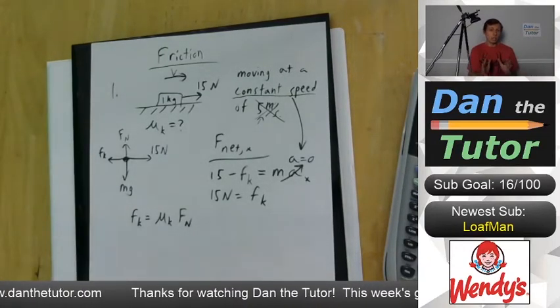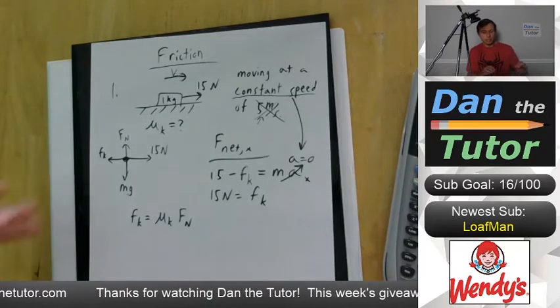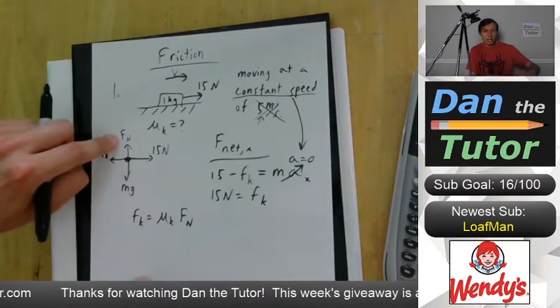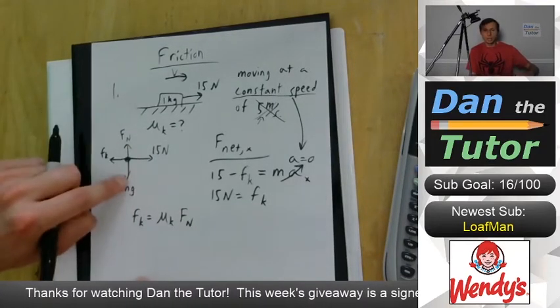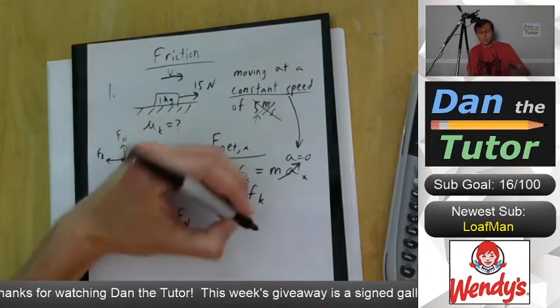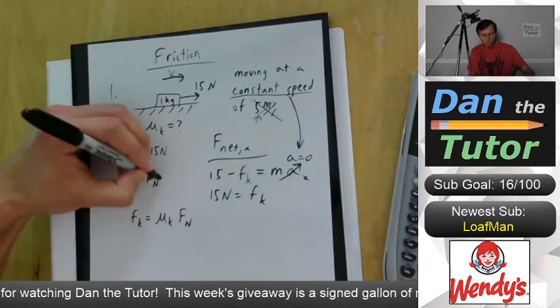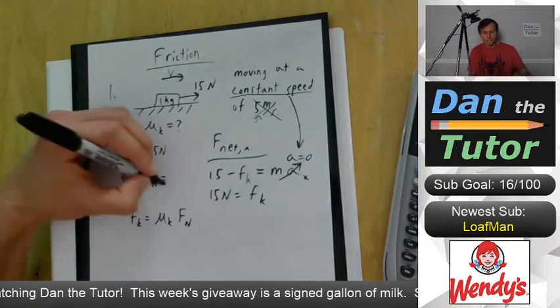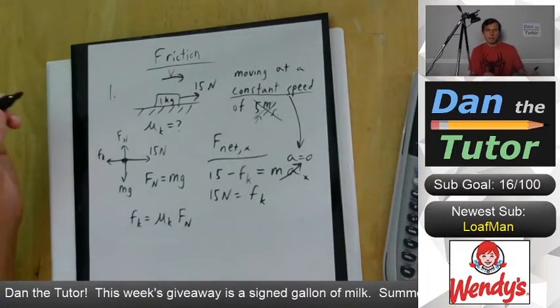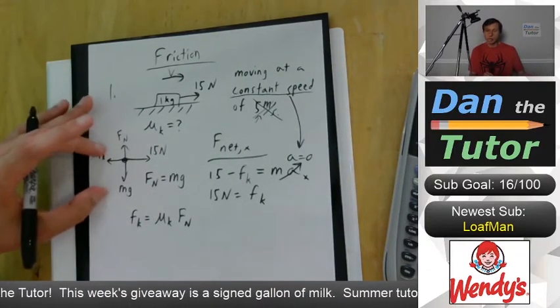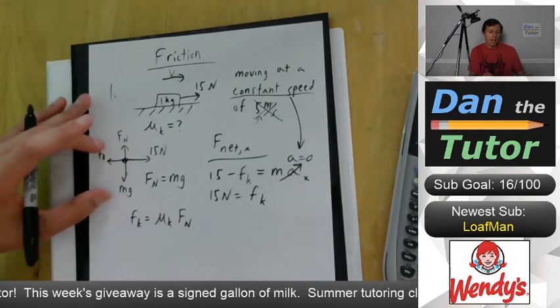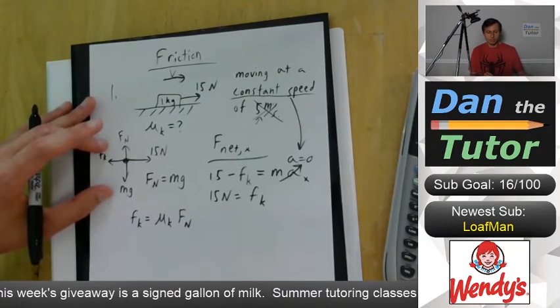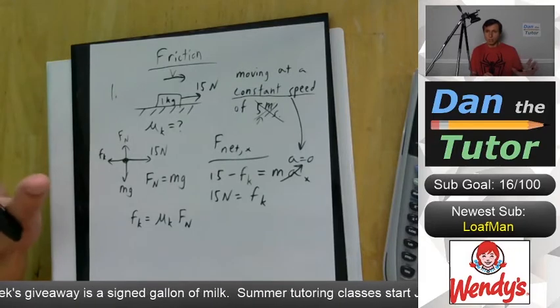And if the acceleration is 0, then it means that mg and Fn have to equal each other in order to cancel each other out. What I'm trying to say here is that the normal force, just like it so often does, is equal to mg. And that's because the acceleration is 0 and there's no other forces acting in the y direction besides these two. Okay? Following along with me so far?